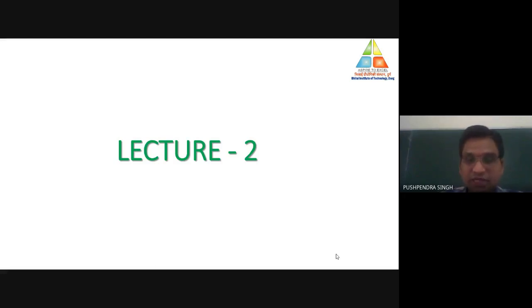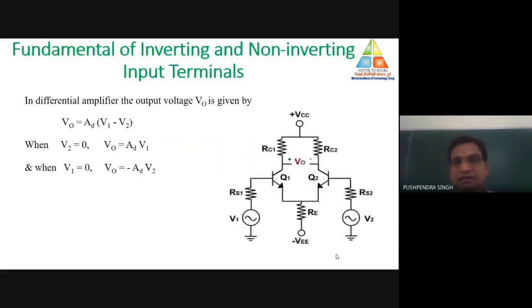Now today we are going to discuss the next topic of unit number 1, that is common mode rejection ratio, CMRR. And before that, we are getting some knowledge about the inverting and non-inverting terminal of op-amp.